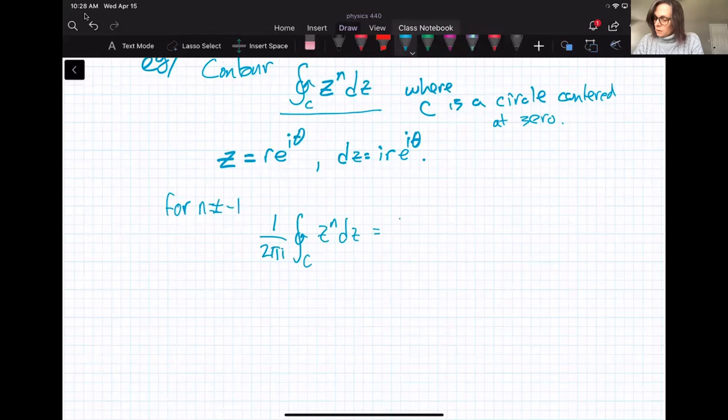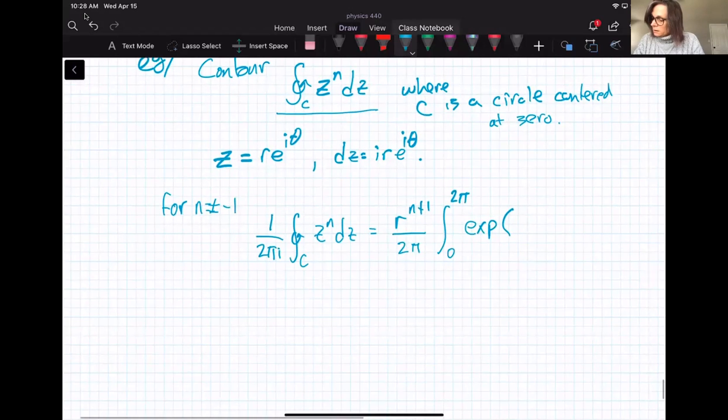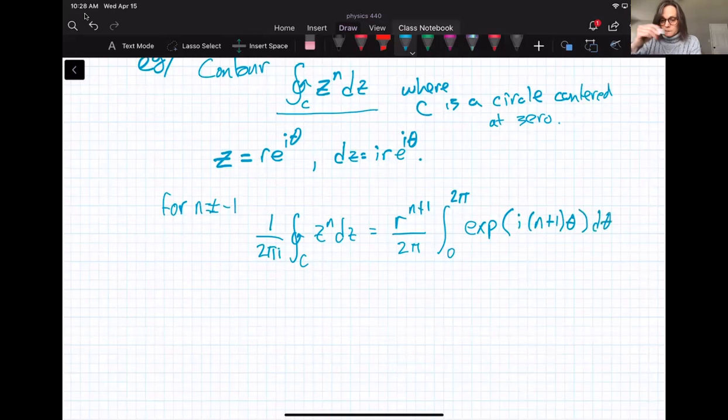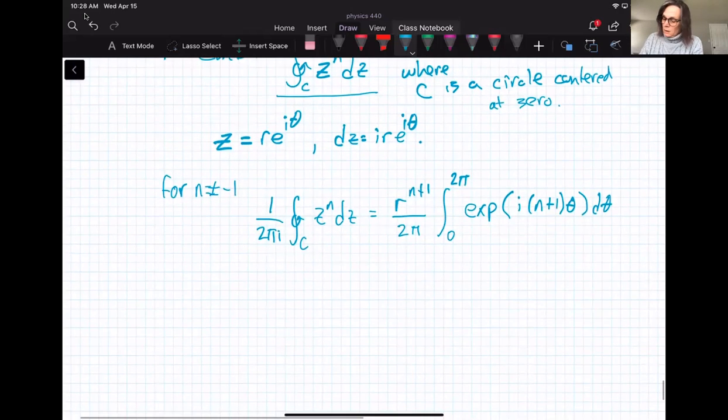And that's equal to r to the n plus 1 over 2 pi times the integral from 0 to 2 pi, since we're going over the circle, of e to the i(n plus 1) theta d theta. That's a straightforward integral.